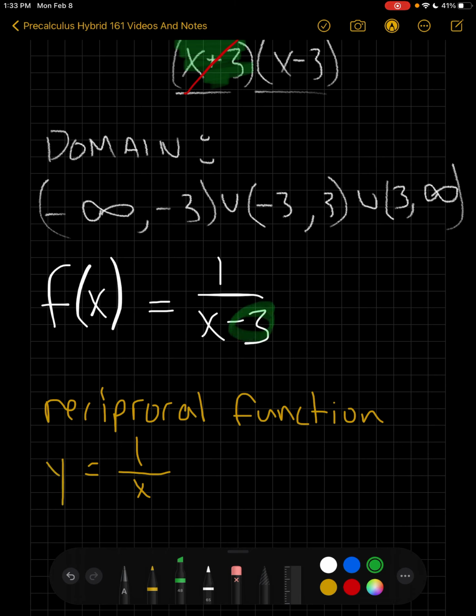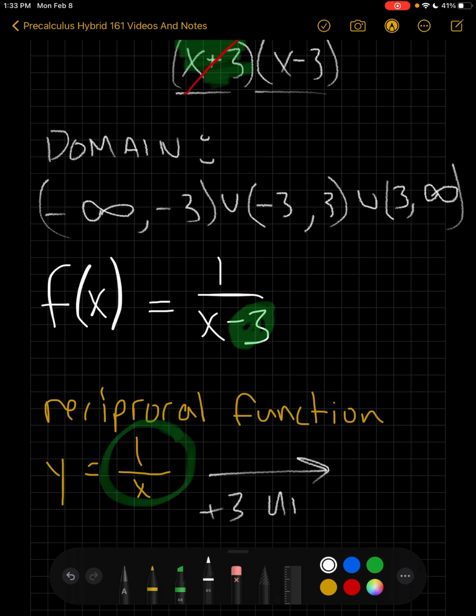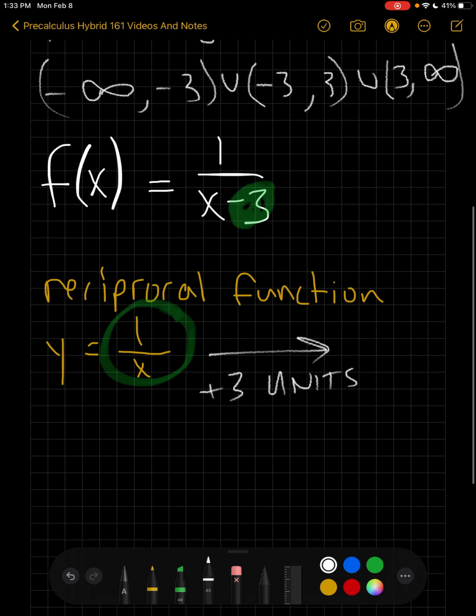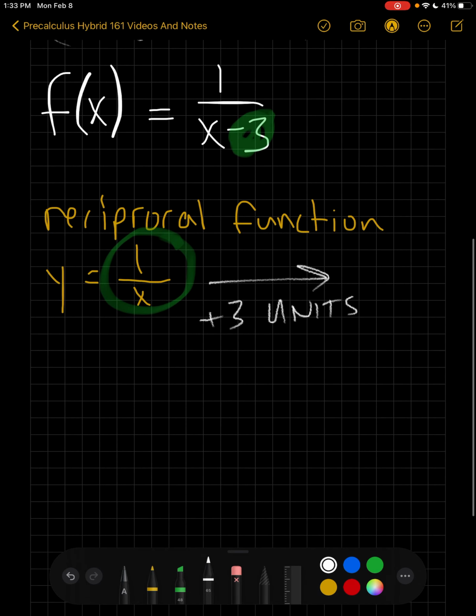This minus 3 here is a horizontal shift, 3 in the positive x direction. So that means that's going to take our reciprocal function graph and we're going to shift it over plus 3 units. So that's what the graph is going to look like. And this graph is going to have a vertical asymptote.